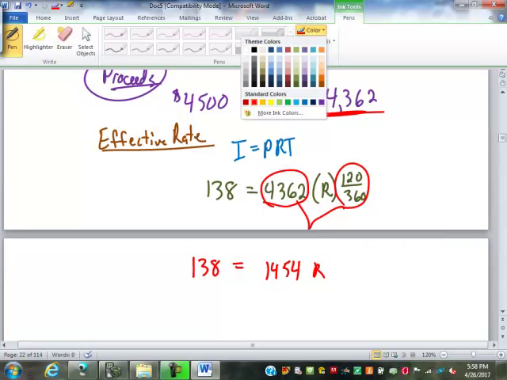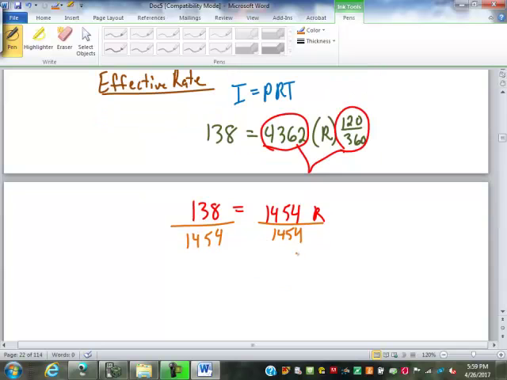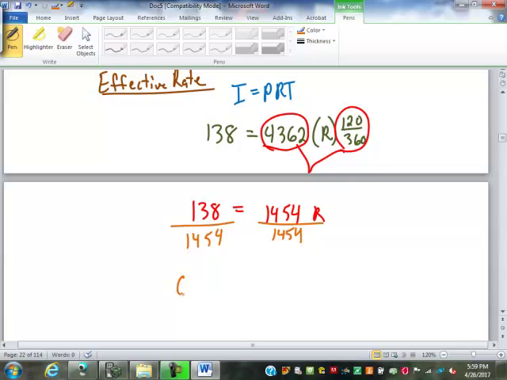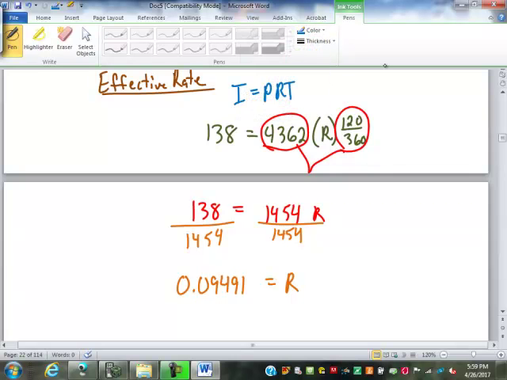What's our next step? Divide 138 by 1454. 0.09, remember we said to go at least 5 decimal places here. 0.09491 equals R. It did not specify, so let's assume we're going to the 100th of a percent.